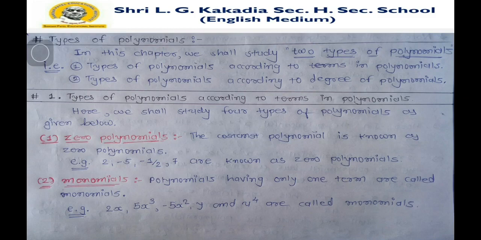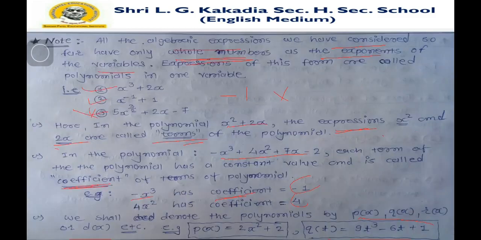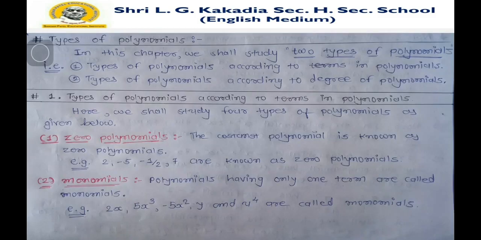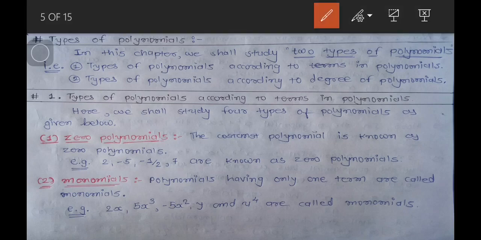First, the types of polynomials according to terms in a polynomial, and another, the types of polynomials according to degree of polynomial. Here, first, the types of polynomials according to terms in polynomials.